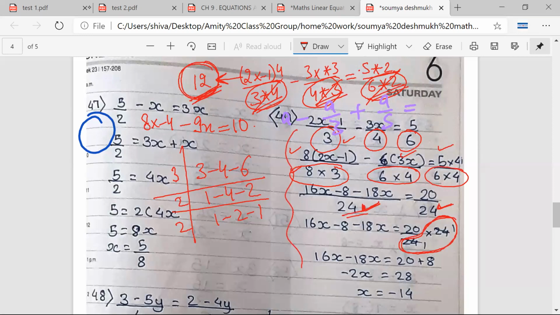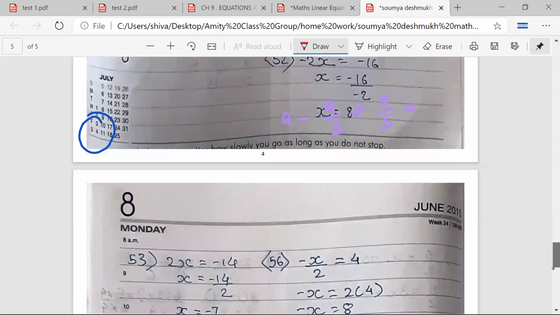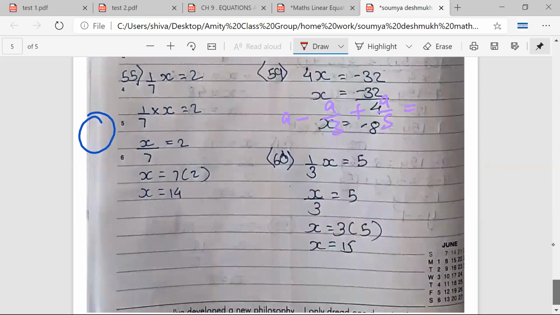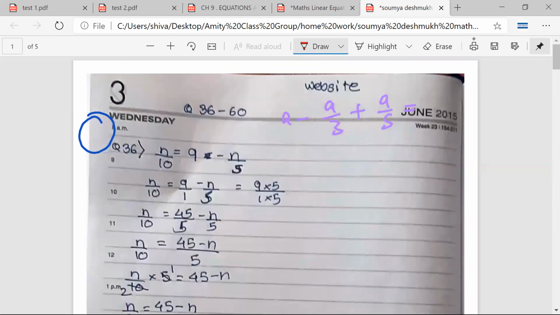Any doubts, Sanvi? No, sir. Any doubt? Any other question you want to discuss? I think the rest of your questions are okay. There is not much of a problem.